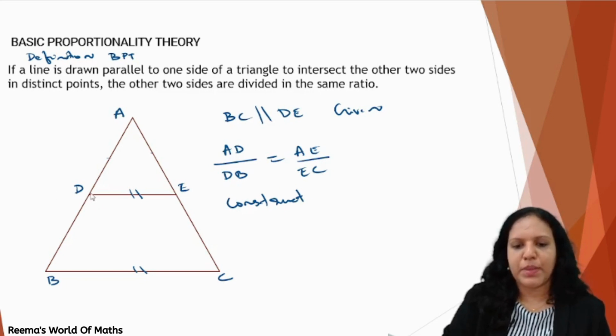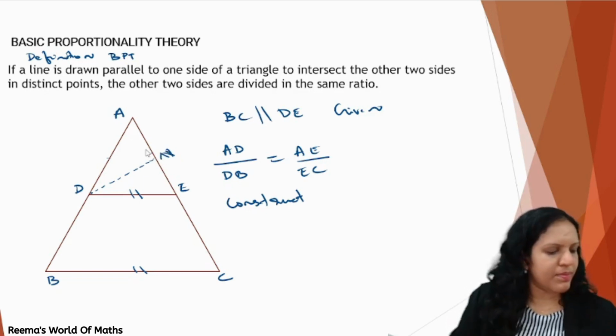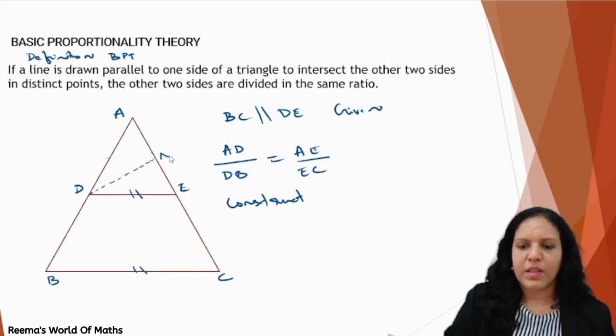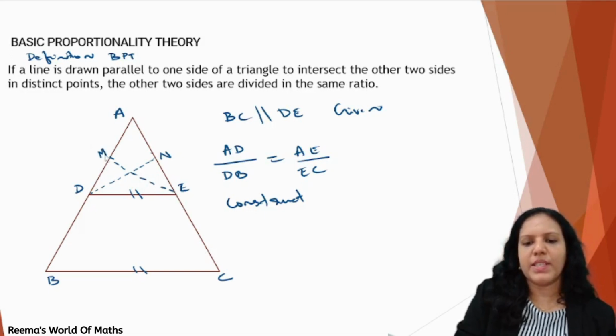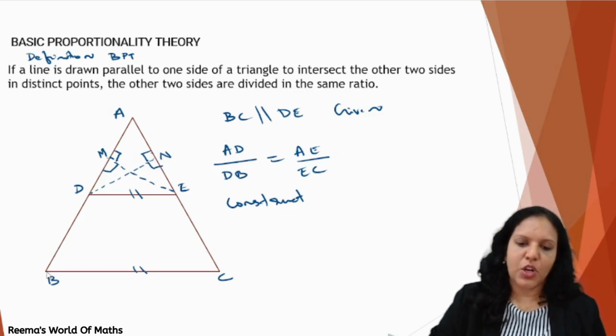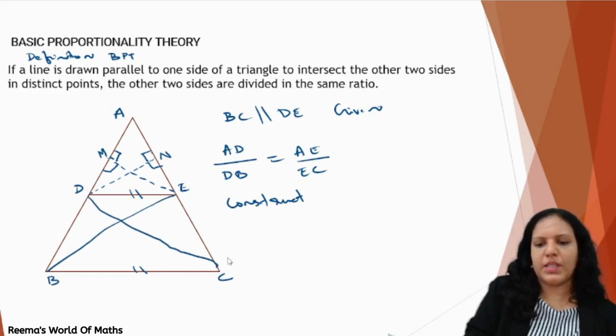Let's draw a perpendicular from point D to AE, and name that point N. Similarly, let's draw another perpendicular to AD from point E, and name that point M. These are perpendiculars. Also, let's join BE, and let's join DC.